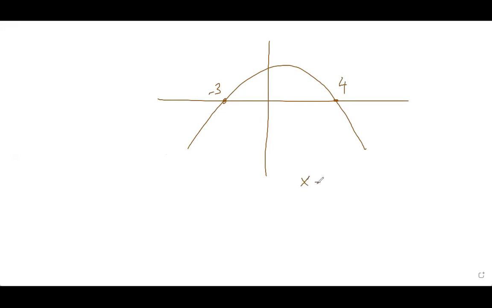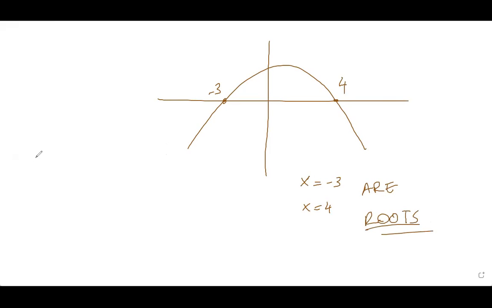Root means simply this. Imagine you have a parabolic function. If this is -3, and if this is 4, x equal to -3 and x equal to 4, these are roots. Why are these roots?